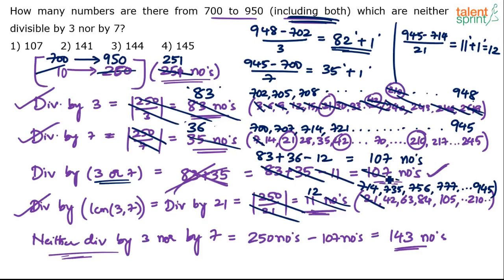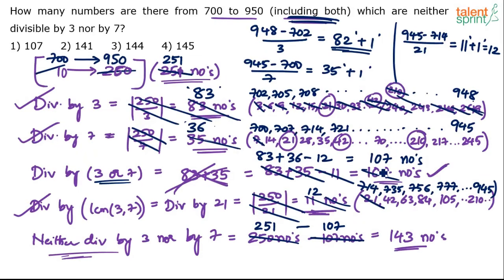We have got 107 numbers, but these 107 numbers are arriving with a different set. Earlier it was 83 plus 35 minus 11. Now it is 83 plus 36 minus 12. Now final answer, neither divisible by 3 nor by 7. It should not be 250, it should be 251. Remember, 251 numbers. Minus 107. I would still say that it should not be 107, but it should be 107, because this 107 and this 107 are different.